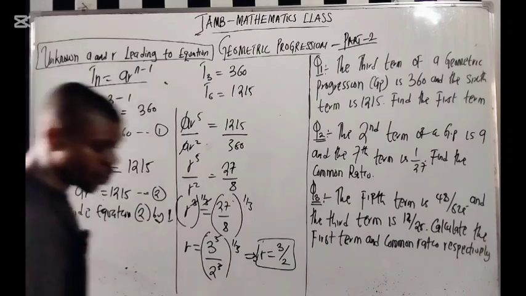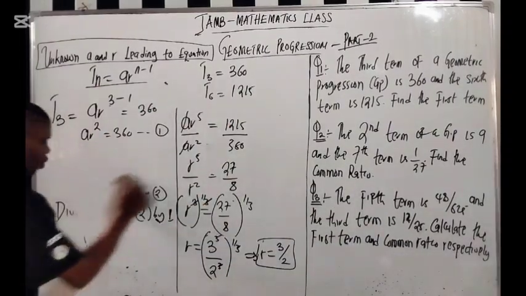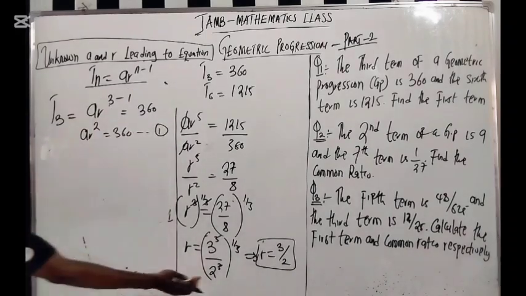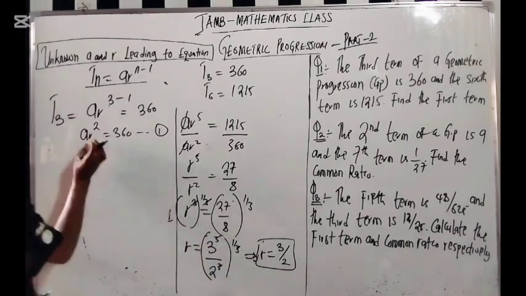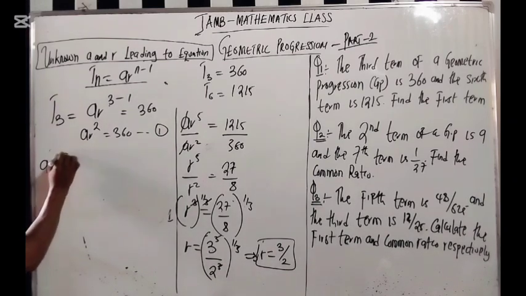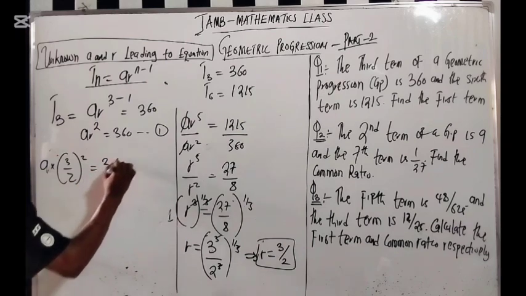If I'm using equation 1 to calculate my first term, what am I going to get? R is 3/2, so A times 3/2 all squared equals 360, right?